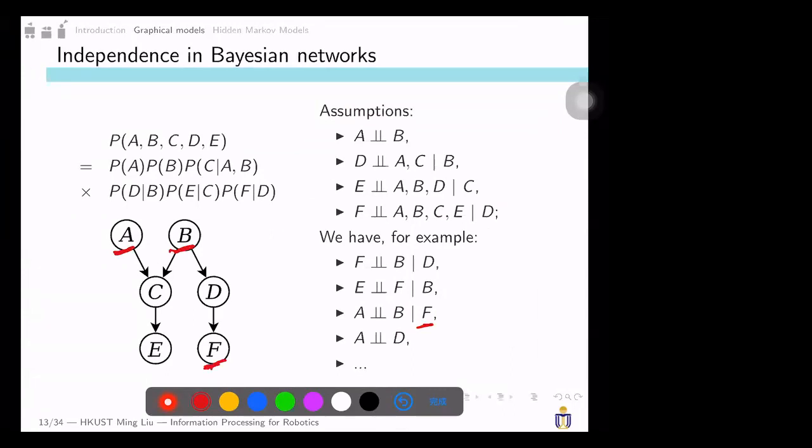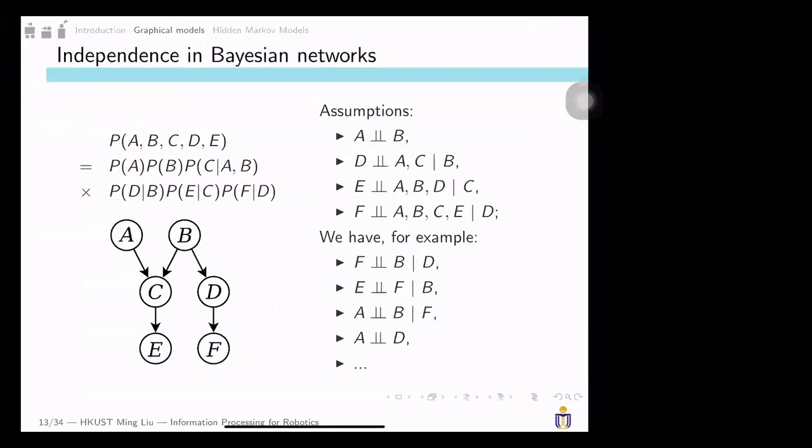Also, F is a descendant of B. If you consider the information passing scheme, the information source of F comes from B, so B is the parent, the grandparent of F. Given F, it doesn't provide any further information about the relation between A and B, so it's not helping A and B. That's why given F, A and B are independent. Also A and D are independent. That's something you can see from the graph.